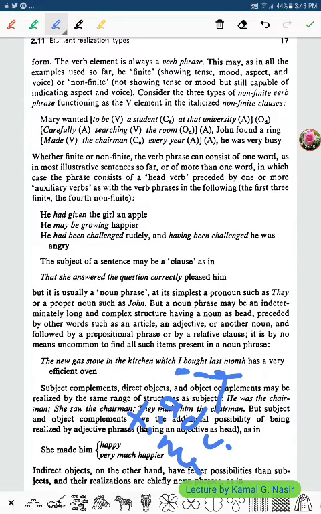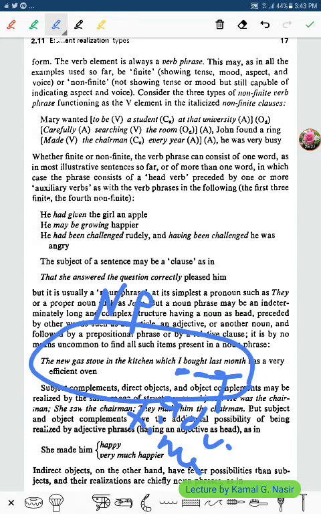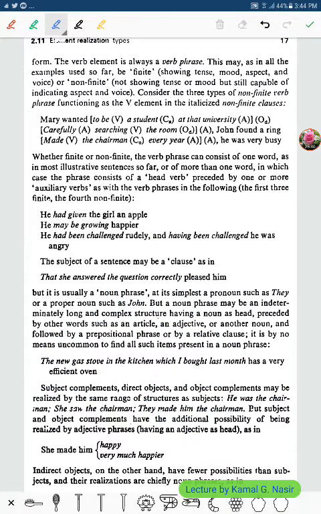How many elements here? More than 3, 4, 5 elements, you see? All of them work as what? As noun phrase. As what? As a clause. All this works as what? As a subject in this sentence.